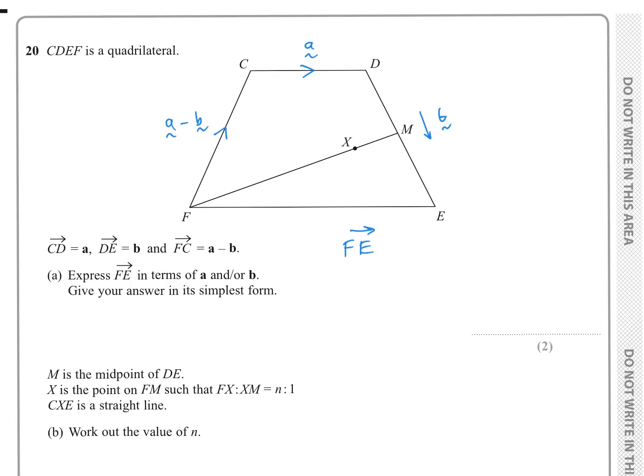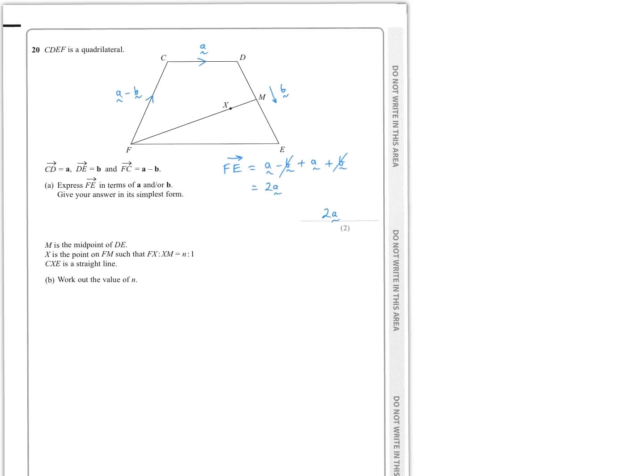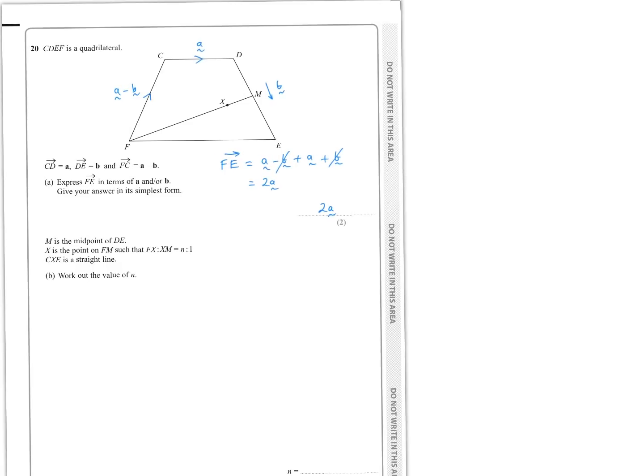So if I want to make the journey from F to E, I can just go here plus here plus here. So we're going to have A minus B plus A plus B. And so we're just left with 2A. Okay, so that's the first part. I've got a suspicion that the second part's going to be a bit more tricky. So let's have a look.